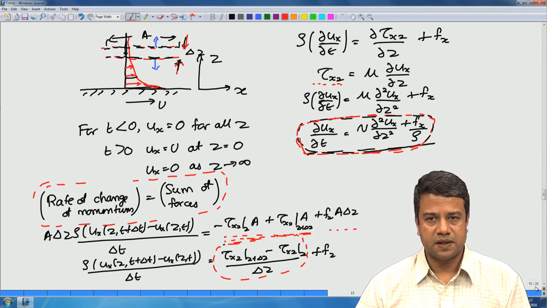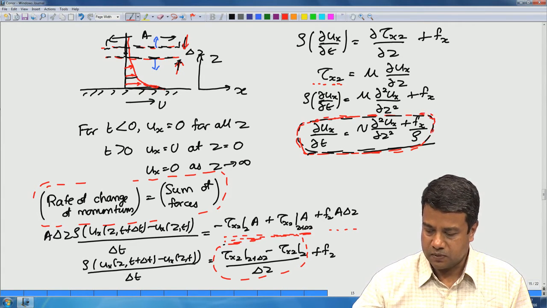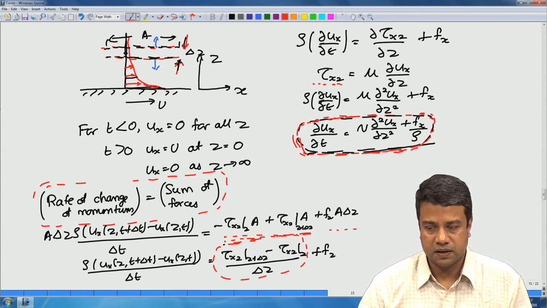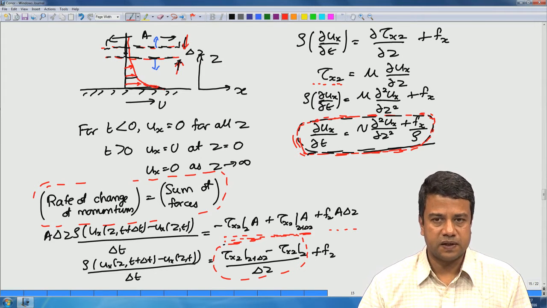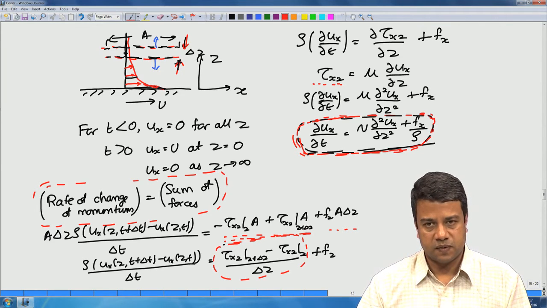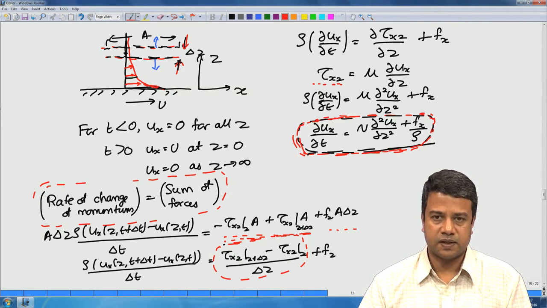In all of these cases we get exactly the same form of the equation, the diffusion equation, which contains one derivative in time and two derivatives in the spatial coordinate, and contains the diffusivity, whether it is for mass, momentum or energy. It contains sources of mass or energy, or the body forces in the case of momentum.